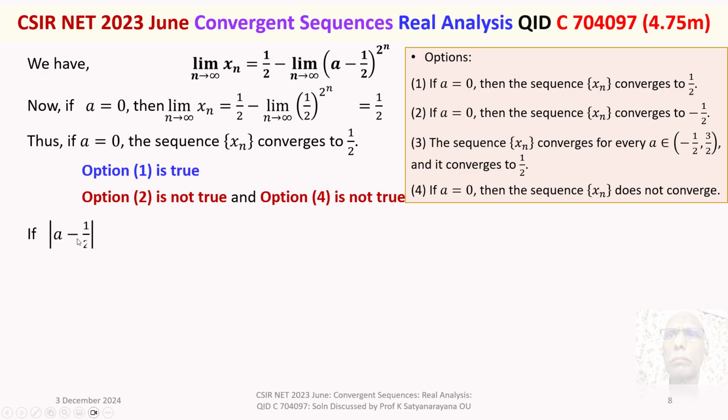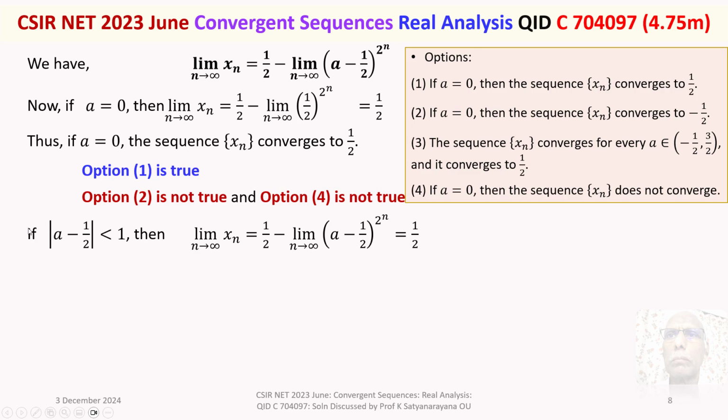Now look at the limit n tends to infinity of xn is equal to 1 by 2 minus limit n tends to infinity of (a minus 1 by 2) to the power of 2 power n. If the modulus of a minus 1 by 2 is less than 1, then limit n tends to infinity of (a minus 1 by 2) to the power of 2 power n will be 0, because the mod of a minus 1 by 2 is less than 1.